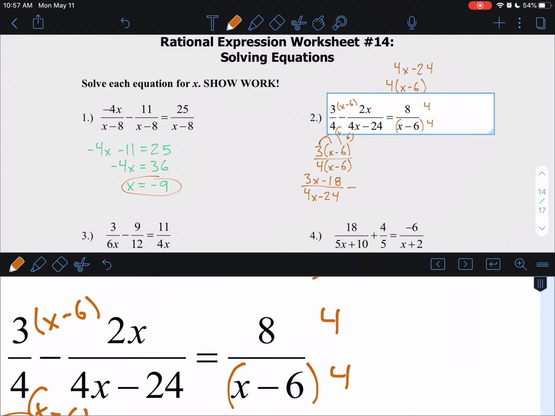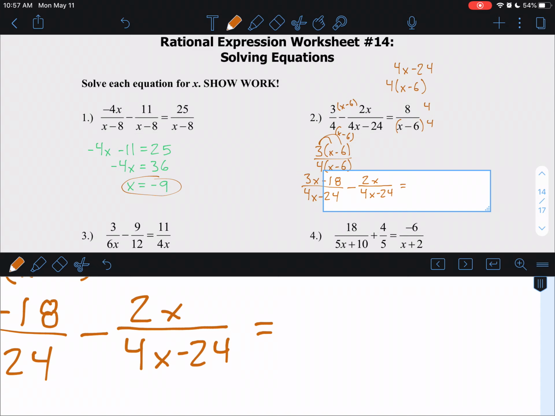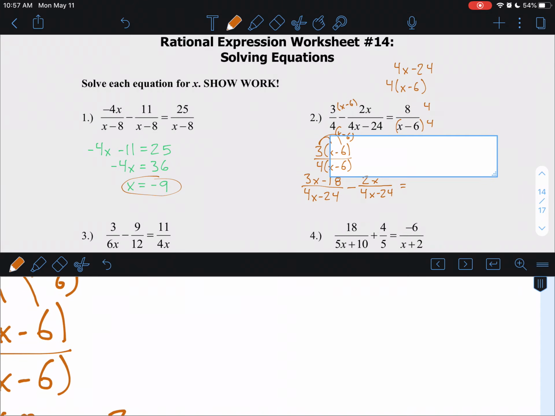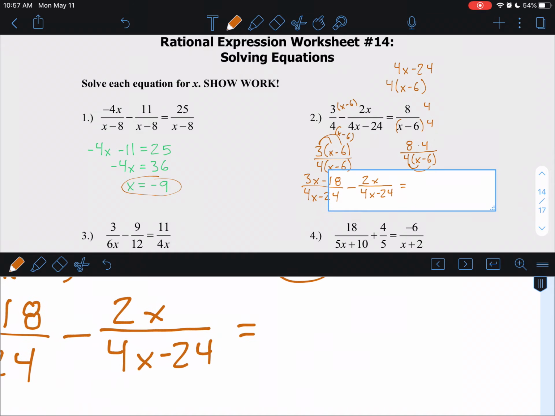And then I have minus that 2x over 4x minus 24, and then equals 8 times 4 over 4 times x minus 6, because I multiplied by 4 over 4. Distribute, and 8 times 4 is 32 over 4x minus 24.